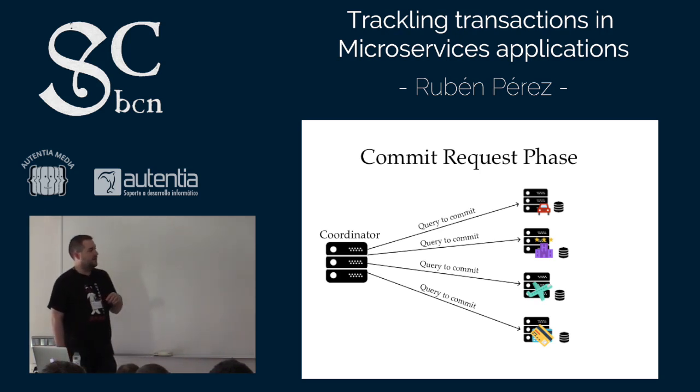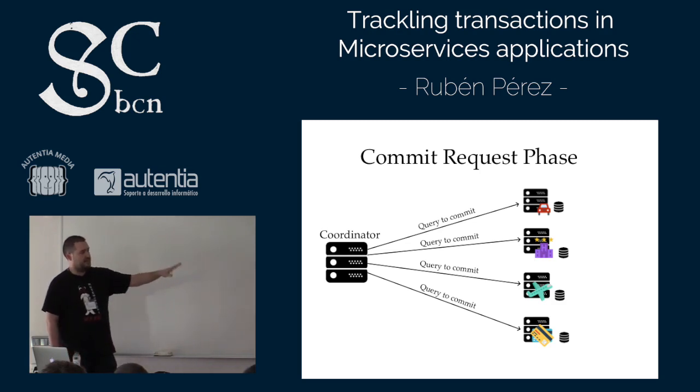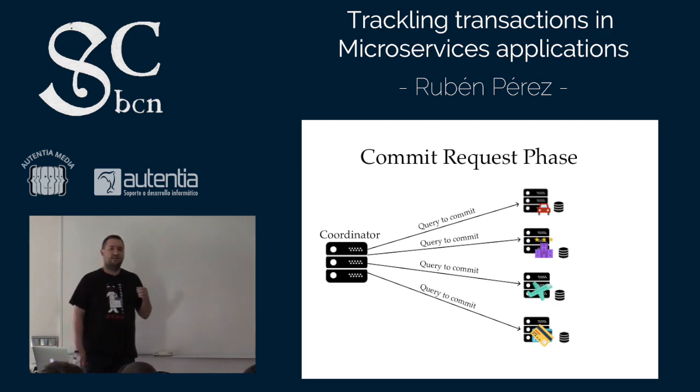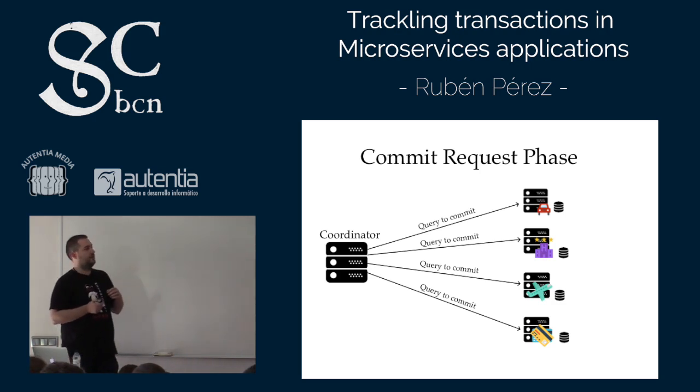And how do they do that? They open a transaction in each service. You can have ACID transactions there. You open a transaction, you do all the work in that transaction, but you do not commit that transaction. So you know for sure if you could fulfill the request or not, and then you answer back to the coordinator.